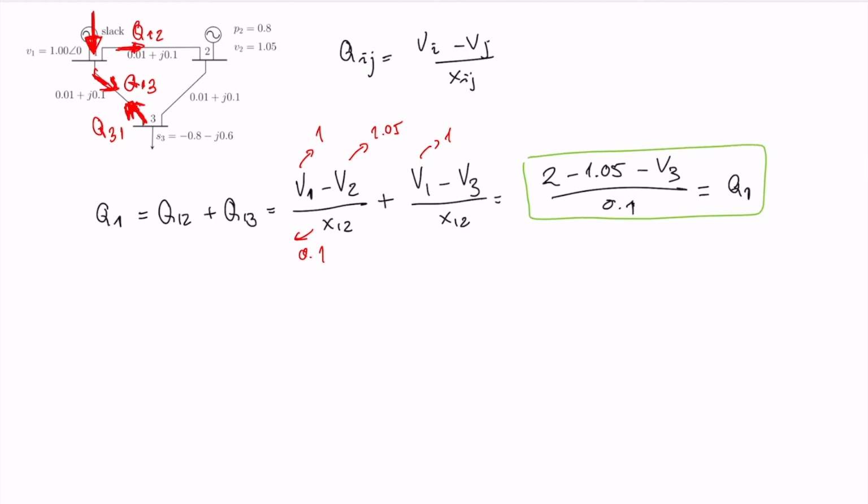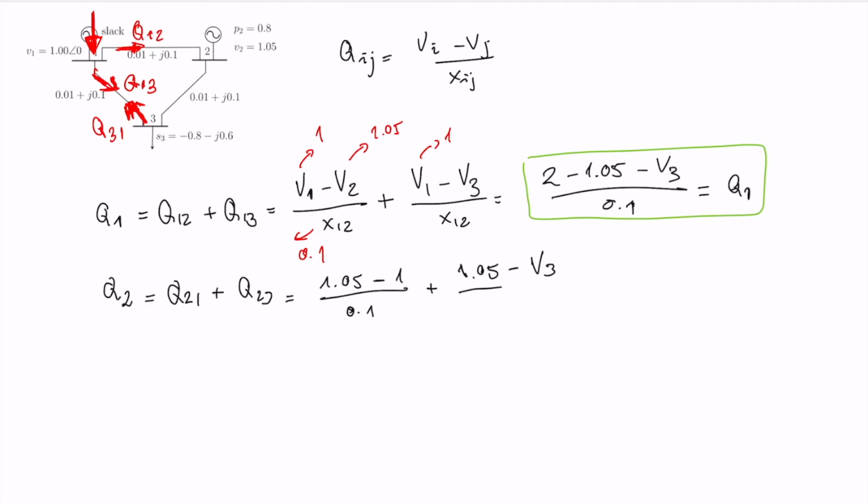I have a similar definition for node 2. So I have Q2 to 1 plus Q2 to 3. In this case I have B2, which is 1.05, minus B1, which is 1, divided by 0.1, plus B2, which is 1.05, minus B3, which I don't know.